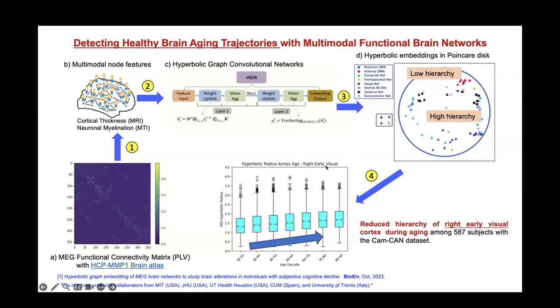So this is for the right early visual cortex. We can see that the hyperbolic radius increases over aging decades. So this is basically reduced hierarchy of the right early visual cortex during aging among these 587 subjects.